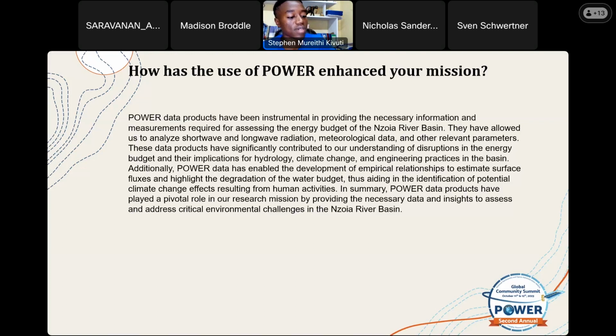They have also enabled the development of empirical relationships to estimate surface fluxes and highlight the degradation of the water budget, thus aiding in the identification of potential climate change effects resulting from human activities. In summary, these products have played a pivotal role in our research mission by providing the necessary data and insights to assess and address critical environmental changes in the Nzoia River Basin.